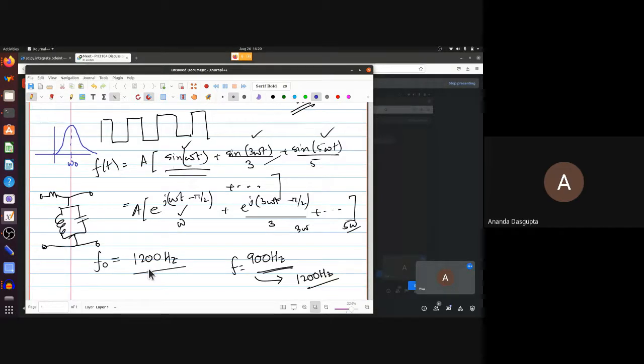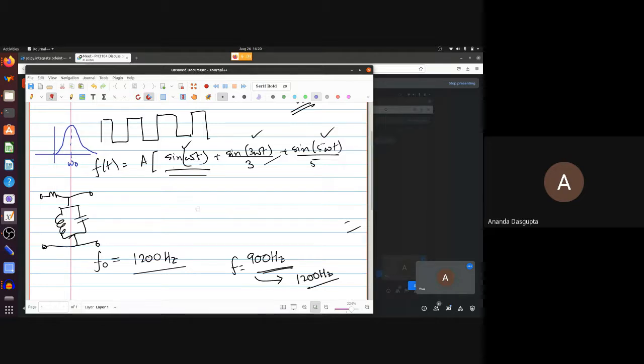Fine. But suppose you put in 1200 hertz by 15 as the input, you will get a peak. But what will the peak look like now? Can anybody tell me? That is, if I put in the input frequency, let's say I put in 80 hertz, then 1200 hertz is the 15th harmonic, right?